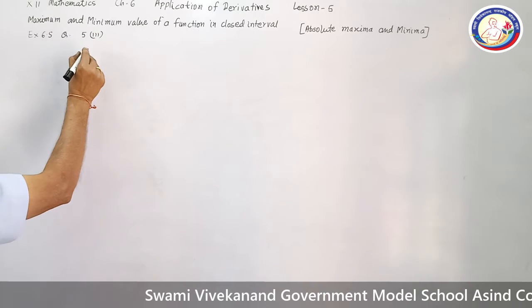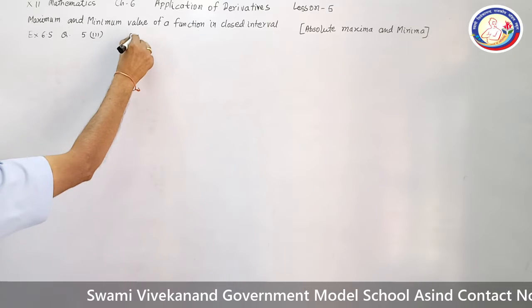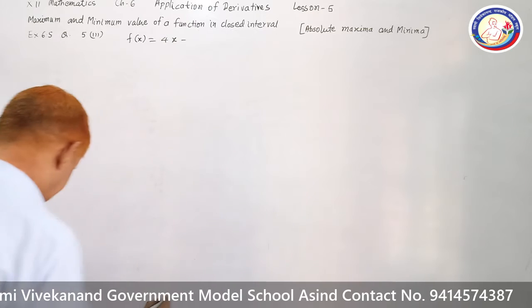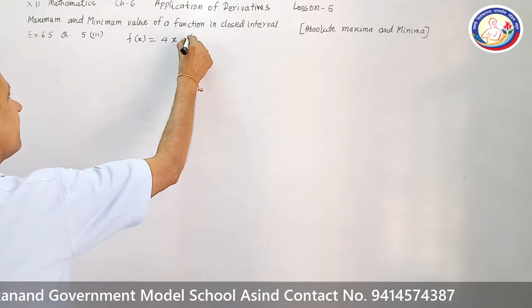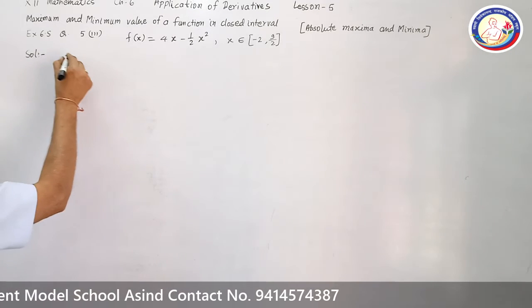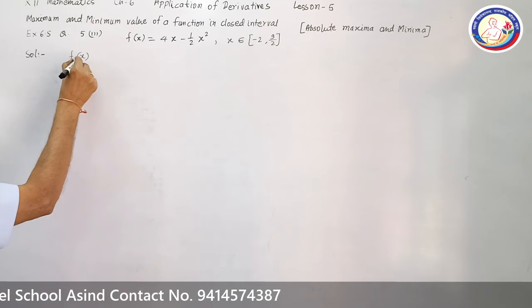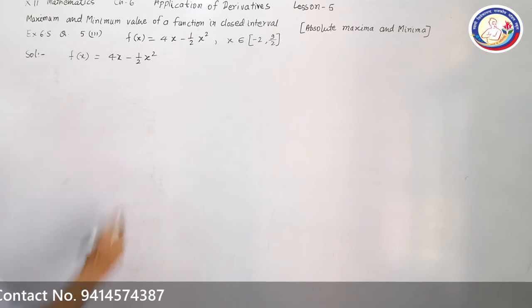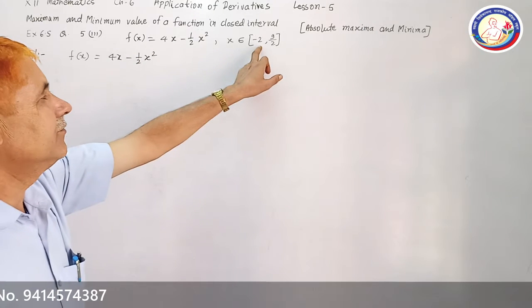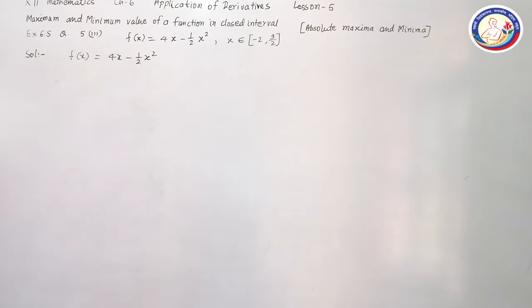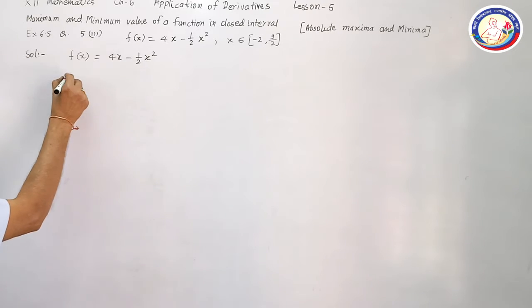We are given a function f(x) = 4x minus 1 upon 2 x square. The given function here is 4x minus 1 upon 2 x square, and we have to find the absolute maximum value and minimum value in this closed interval. Now first of all, we find the derivative of this function.